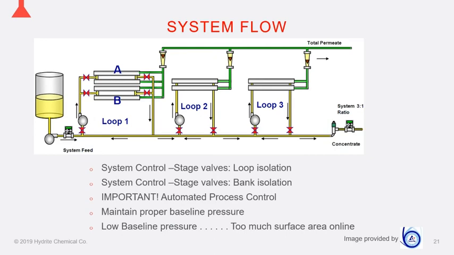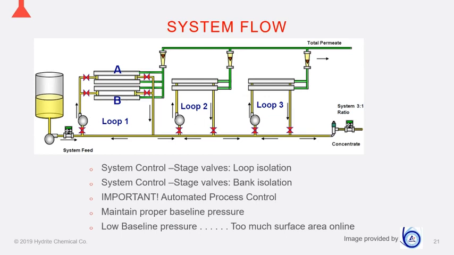With this, we would open up loop 3, and once we've hit our set point of baseline pressure, we would then bring on loop 2, and you would see a drop in baseline pressure. We could run for a couple of hours or however long, and then we would maybe bring on loop A or B. Baseline pressure would drop.